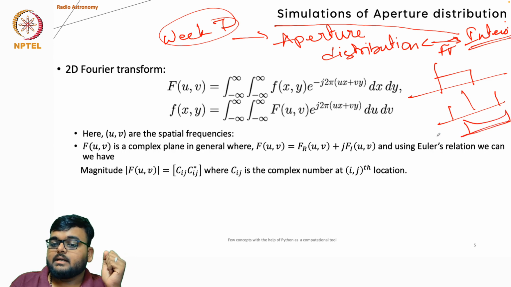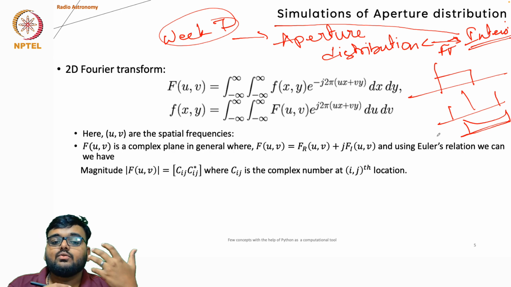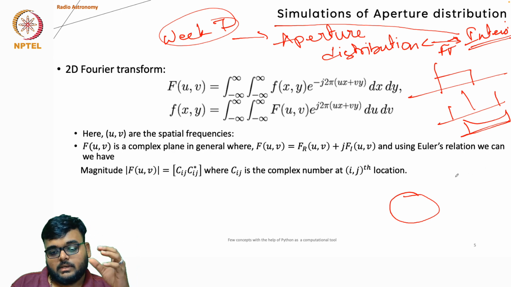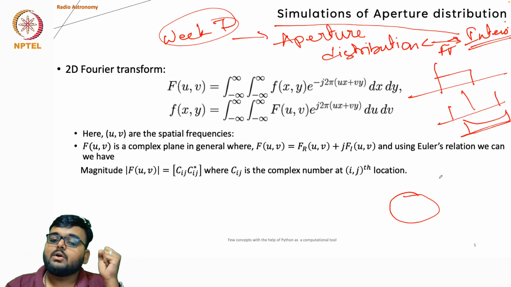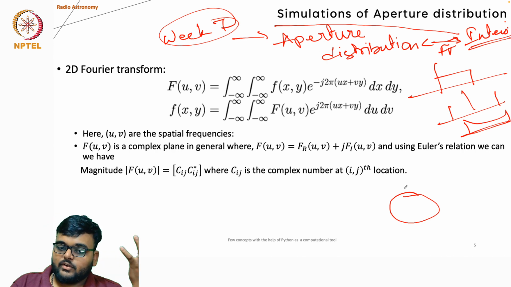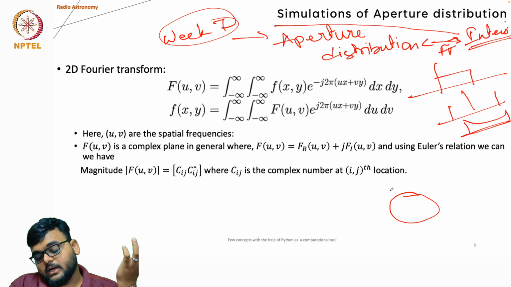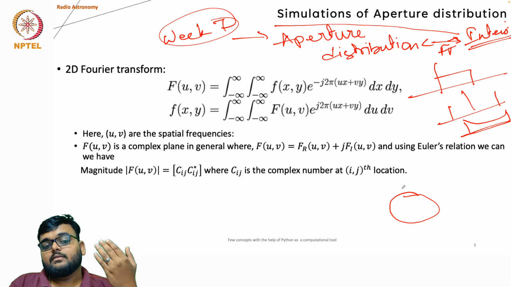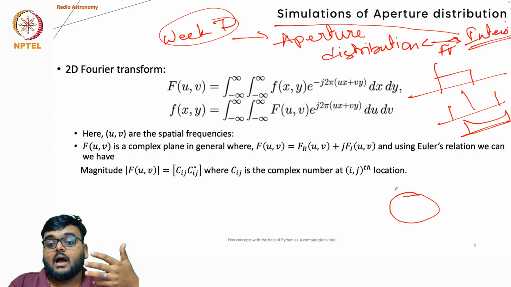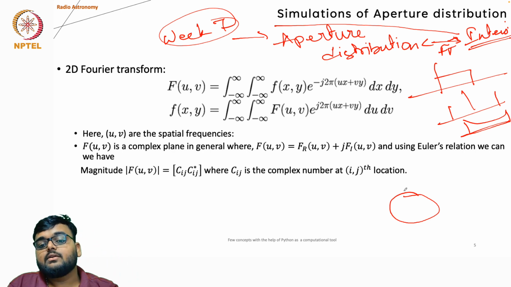But in reality we have a 2-dimensional aperture, either it will be circular, let it be a parabolic dish, but if you see from a top view it will appear as circular. So with that the concept of 2D Fourier transform comes. The 2D Fourier transform is similar to the 1D Fourier transform, but here we will use it to see how the aperture distribution looks in 2 dimensions.